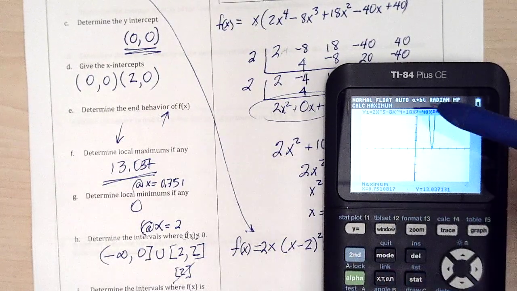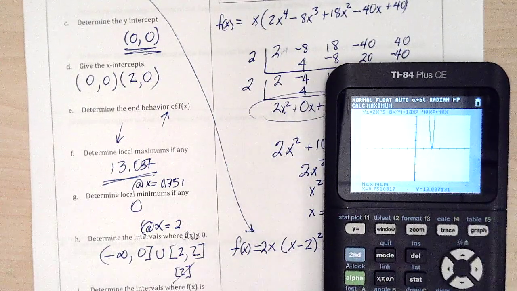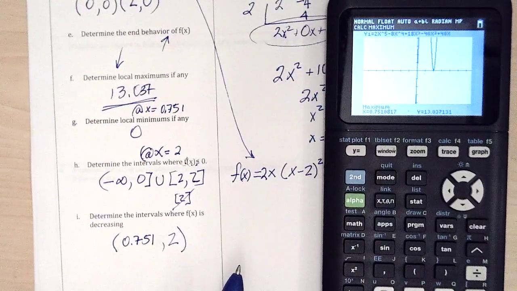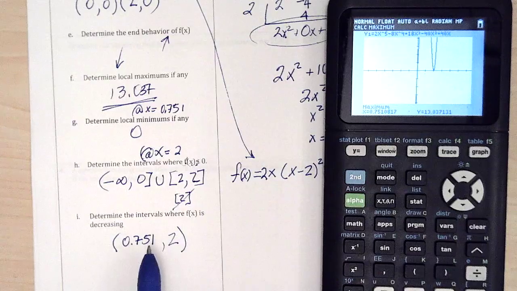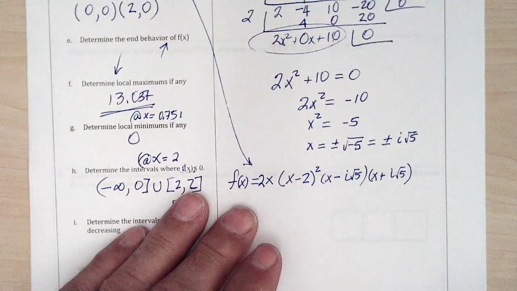The maximum is not increasing or decreasing, it's where it's changing. It decreases all the way over till x becomes 2. At 2, it's changing, so we don't include it, and that's when it's decreasing. So it's increasing from negative infinity up to there. It's increasing from 2 to infinity, but it's decreasing from there to there in the x values. Okay, that's page 1.